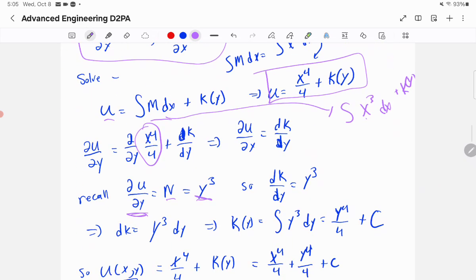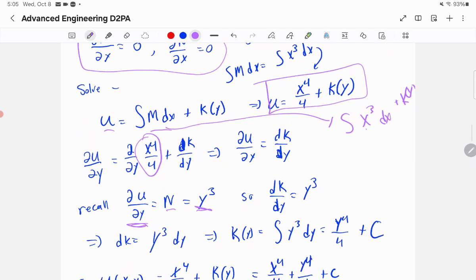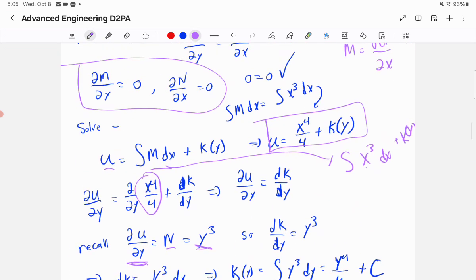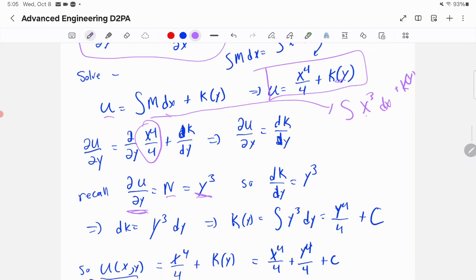So we know that du dy, n, and y cubed are all the same thing in this example. Very good. So if we take that partial derivative, what we end up with is dk dy has to be equal to y cubed.